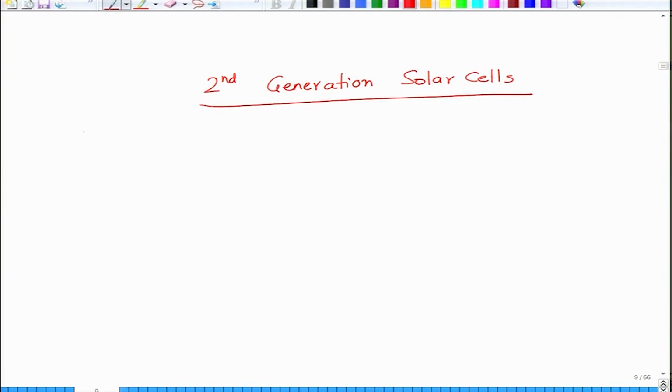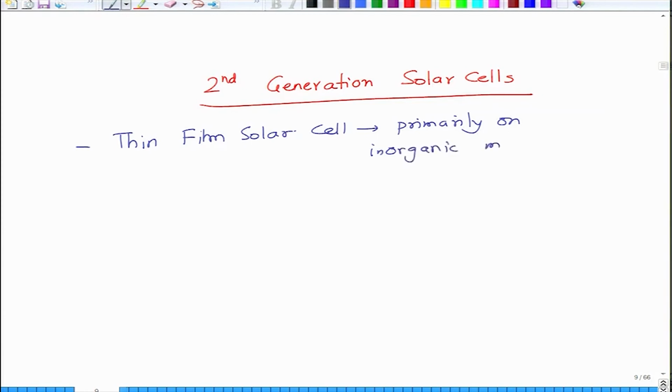Second generation PV technologies mainly revolve around thin film solar cells, primarily based on inorganic materials.